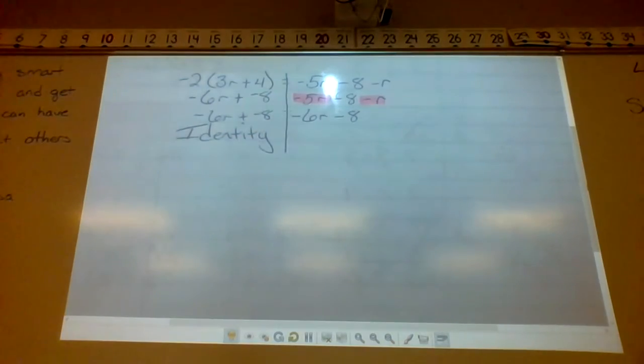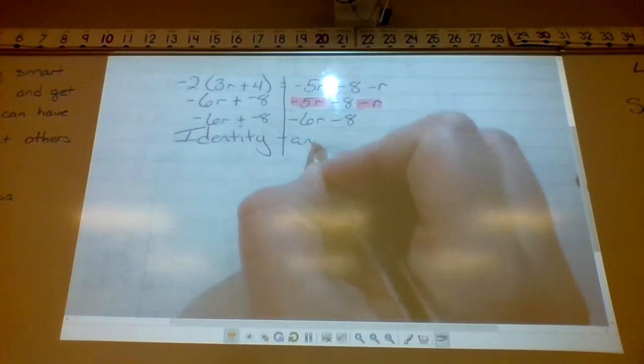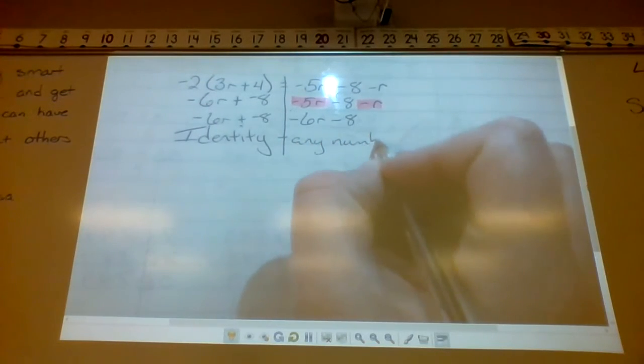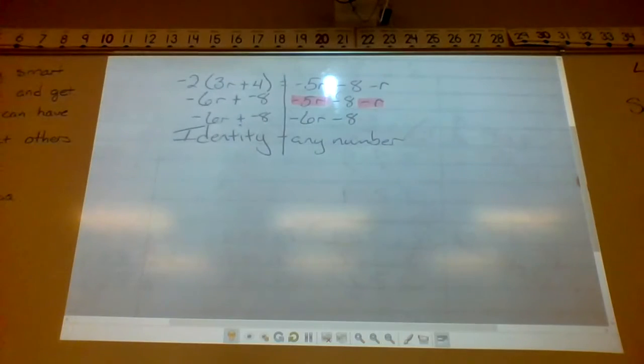Which numbers work for this one? Any, all of them. Do we do checks? No. If you get identity, or you get a null or an empty set, no check. Because identity means you would have to check every single number.